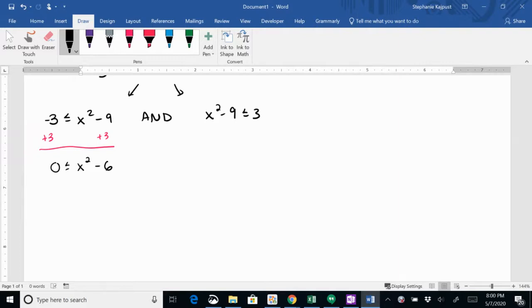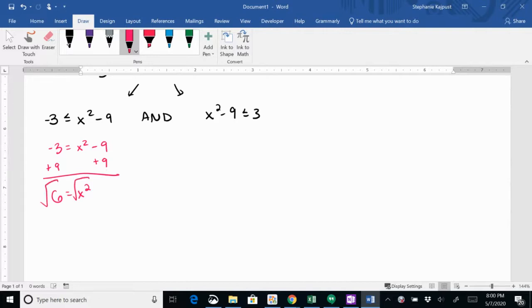If you get something that's not factorable, it's actually easier to just pretend that it's an equal sign so that you can find those endpoints for when you do the sign chart. Because otherwise it's going to be gross. So if I'm just solving and pretending it's an equal sign, I need to take the square root of both sides. And so I'm going to get plus or minus the square root of 6 equal to x. And that's what I'm going to make the sign chart from.